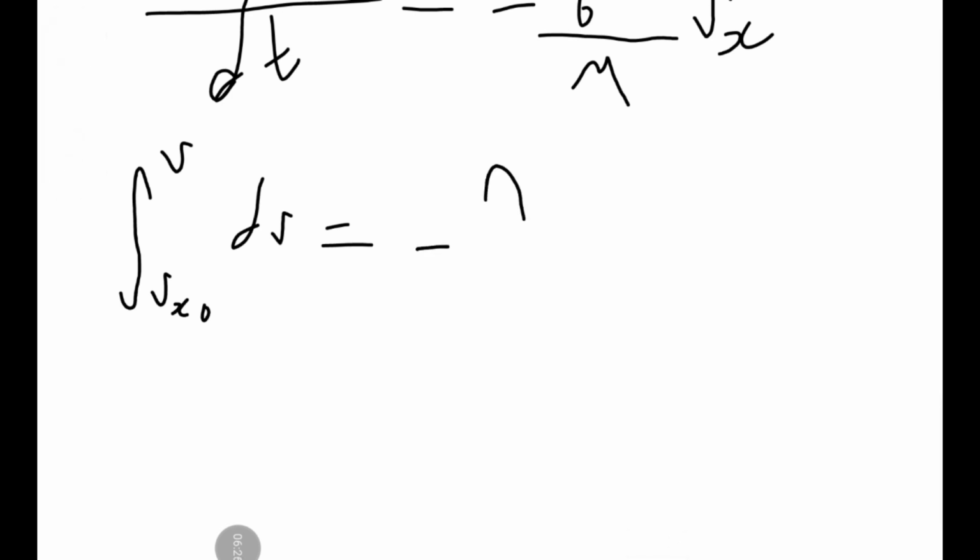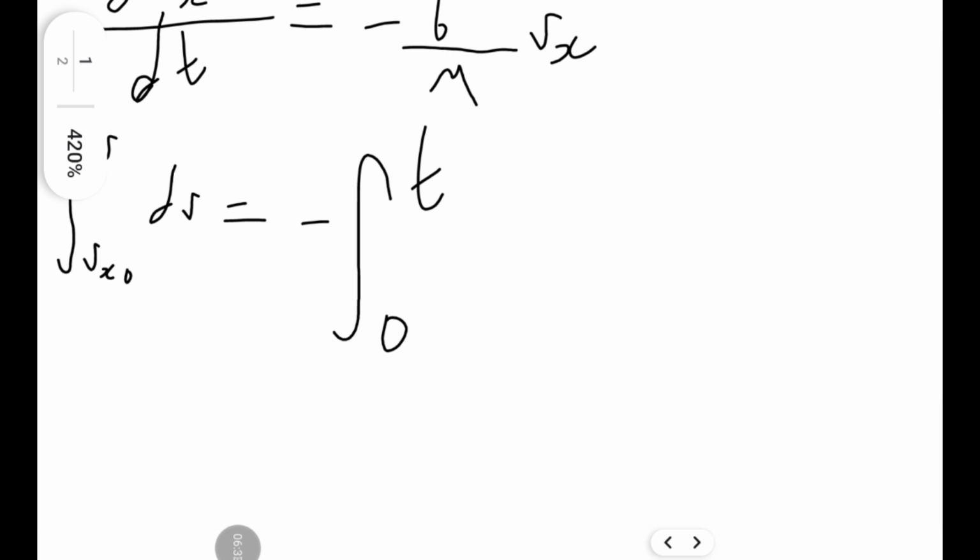We can take the negative number out, between time 0 and time t, because we'll assume that it starts at time equals 0. That's how the process starts.